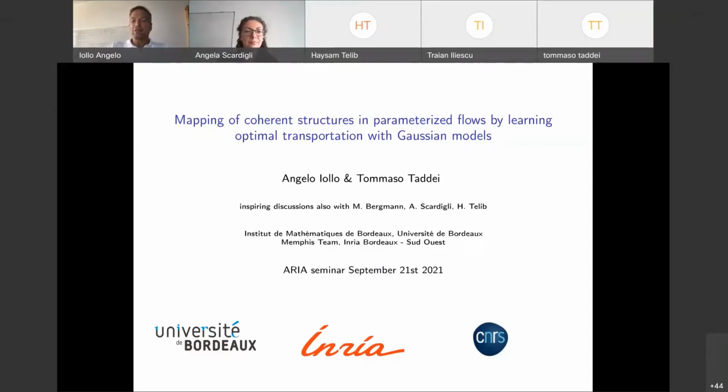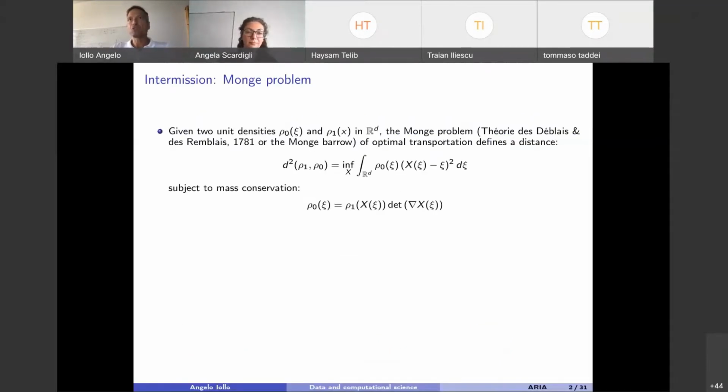As the title is saying, I am concerned with mappings. Which kind of mappings?